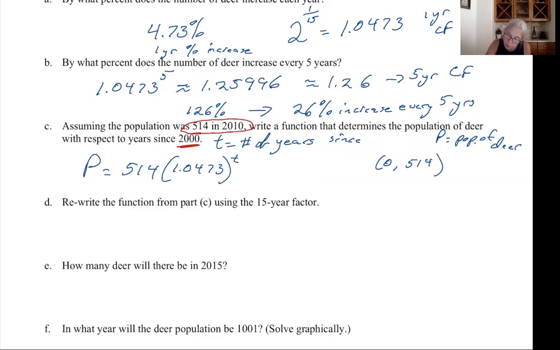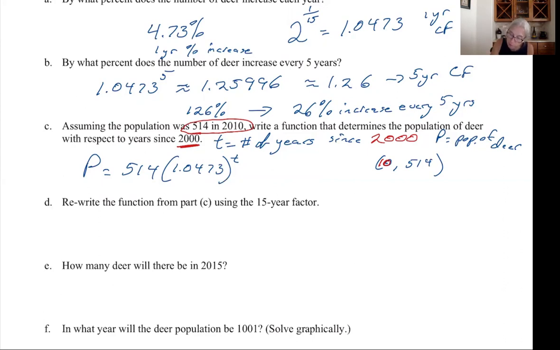T is the number of years since 2000. So that means it's not year 0 that I have 514 deer. It's year 10 that I have 514 deer.